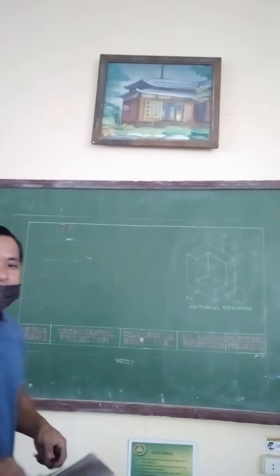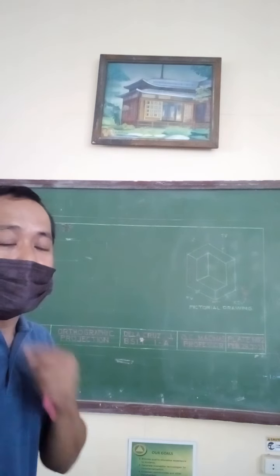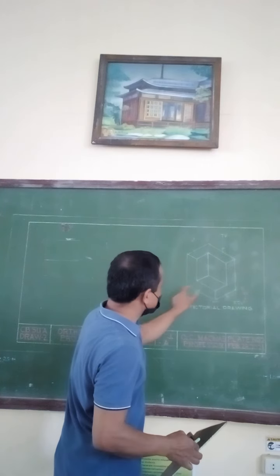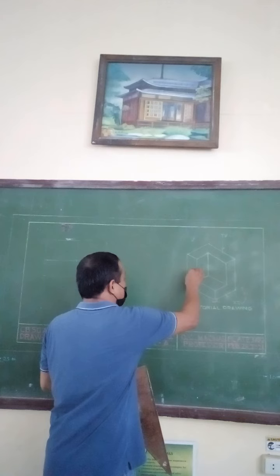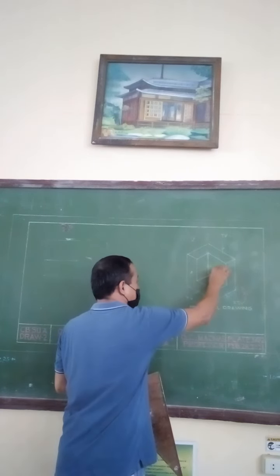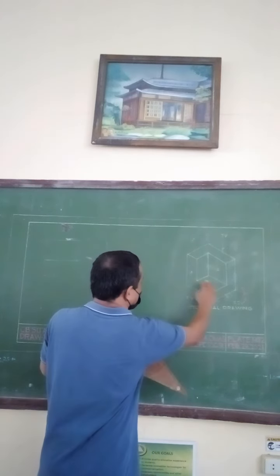Now, the next step is to find out the inner shapes and surfaces of the object. Observe the object. First, we have to observe the front view. You see, we label it A, as we see on the front, another A. And then, look at the shape.